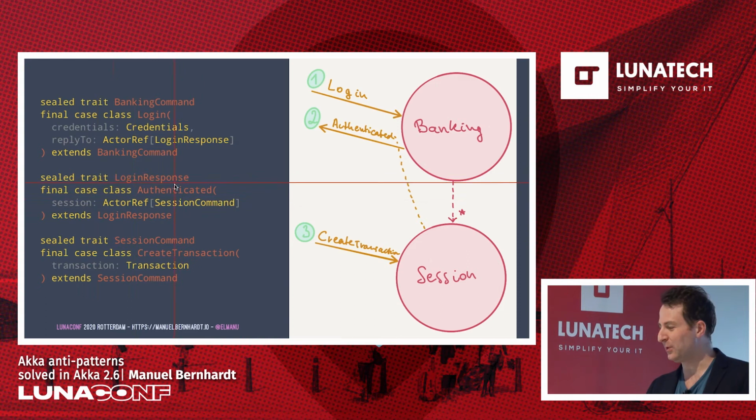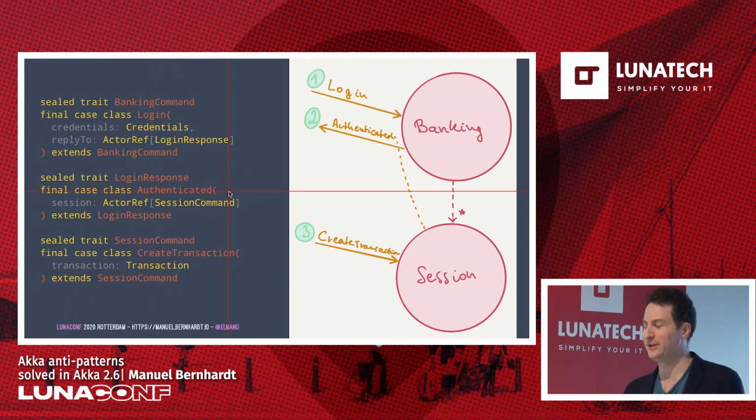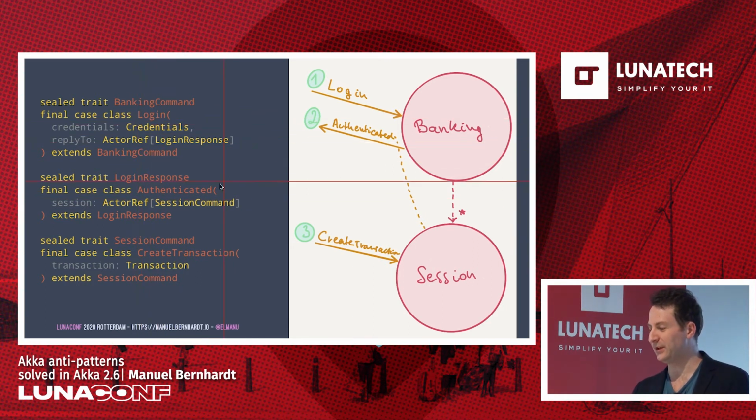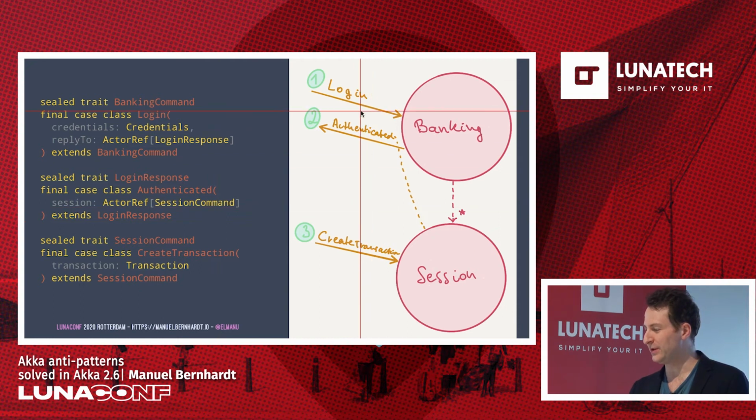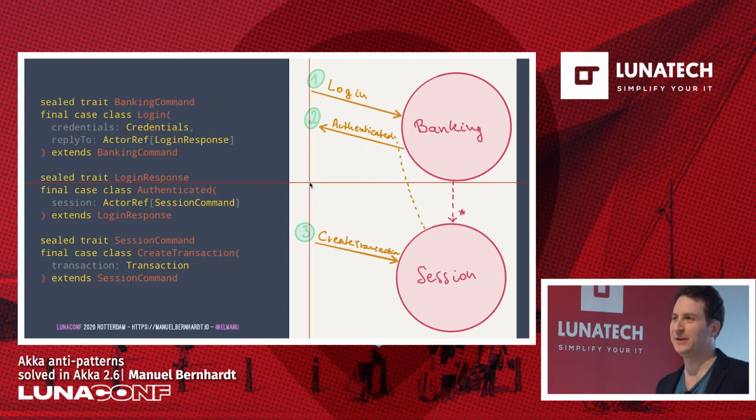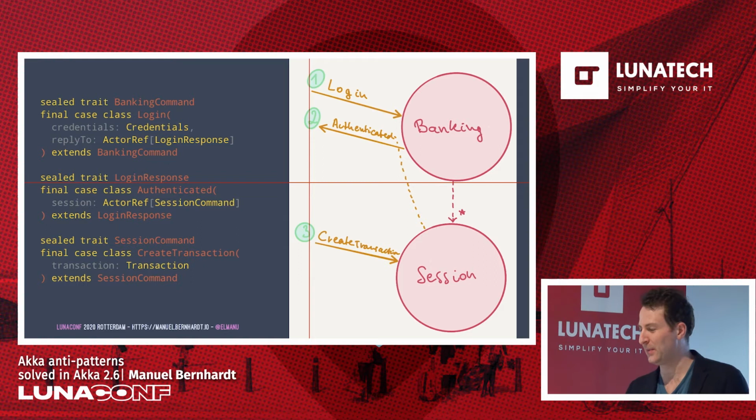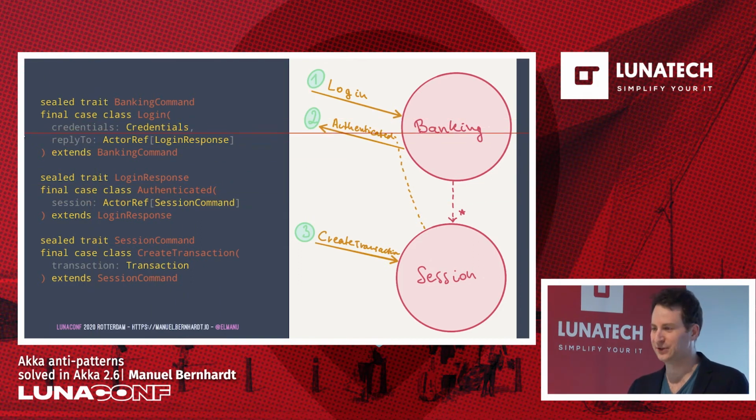And then the LoginResponse could be, in a successful case, that you're authenticated, or in case of failure that you're not. So you sort of right away see that there is a link between these two things here. You know in which order this goes. You can't mess up the order of sending or receiving or expecting what's going in or out there. You see that right away just by looking at the signature of the message.